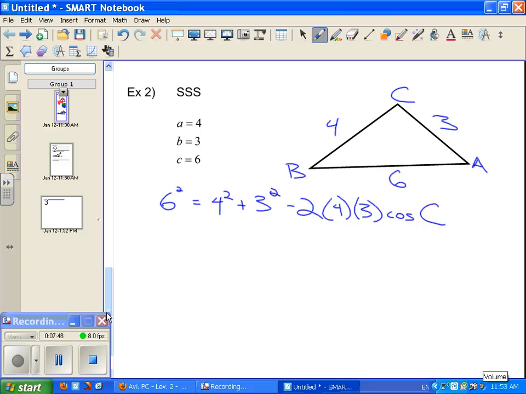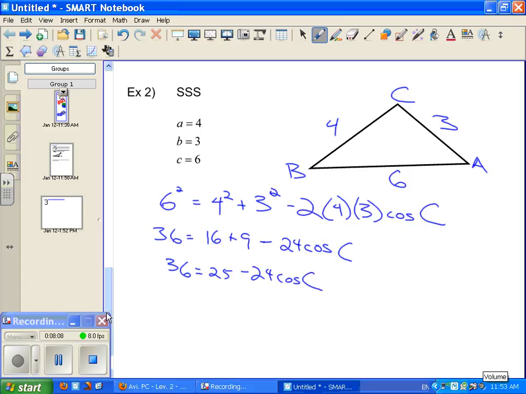Boom, got that down. Okay, so I've got 36 equals 16 plus 9 minus, well, that's a 2 times a 4, that's 8 times 3, so minus 24 cosine of c. So that's 36 equals 25 minus 24 cosine of c.